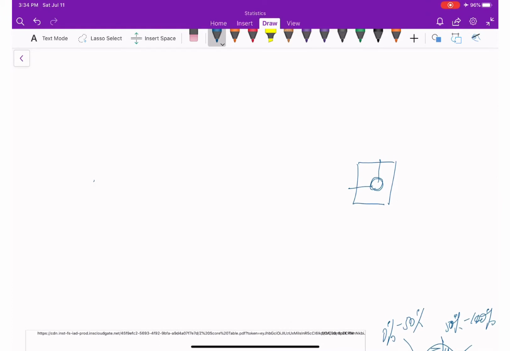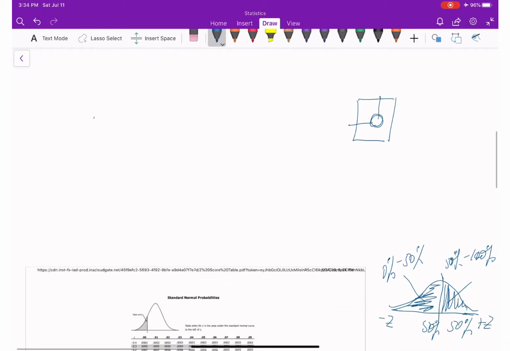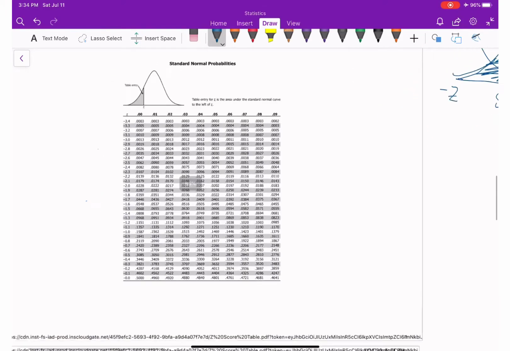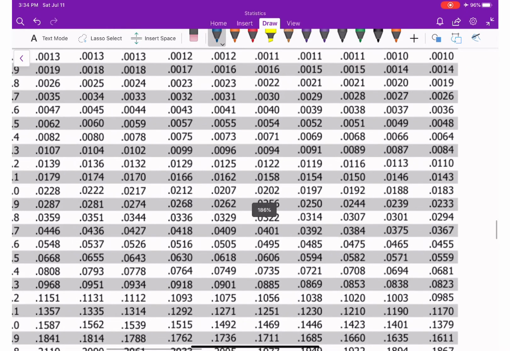So using the standard normal table, we need to find the z-score that is matching to cumulative area 0.0146. So we need to find z-score equal to question mark, and that unknown z-score has probability 0.0146. Let's find out which z-score has this probability. 0.0146.